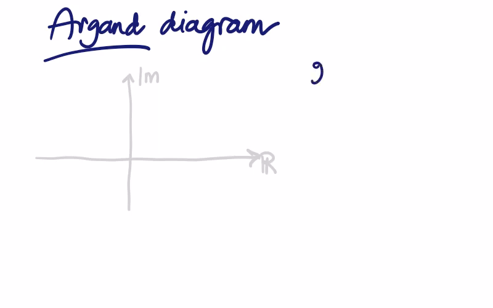So let's say the complex number 2 plus j. So what do we know here? Let's call this one z1. The real part of this number is 2, and the imaginary part of this number is the invisible 1 that we see here attached to j.